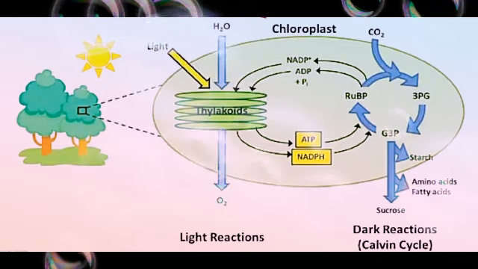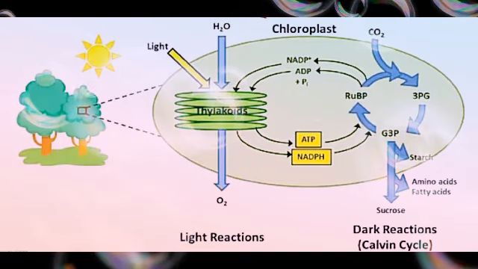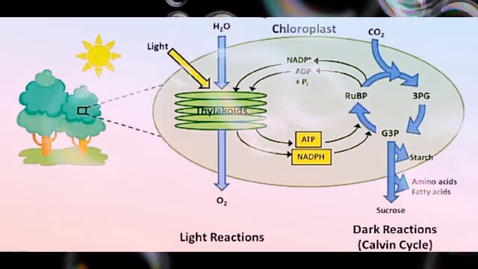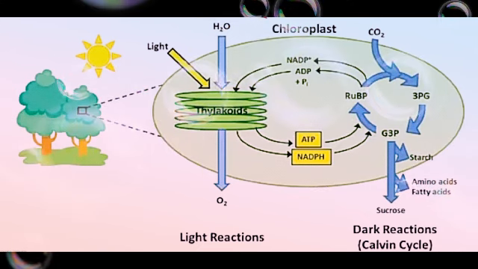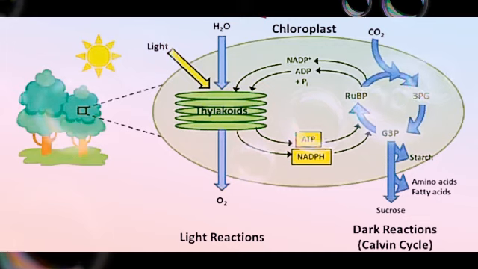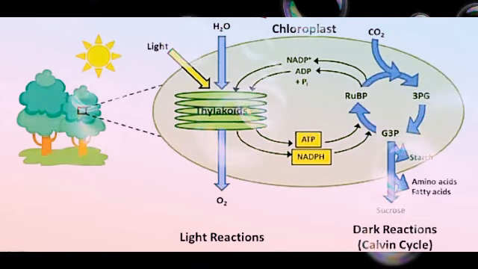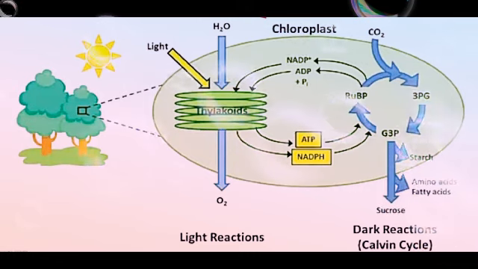Photo means light and lysis means breaking. Photolysis is defined as the splitting of the water molecule into hydrogen ions and oxygen in the presence of light and grana. The thylakoids mainly are helpful in this process.